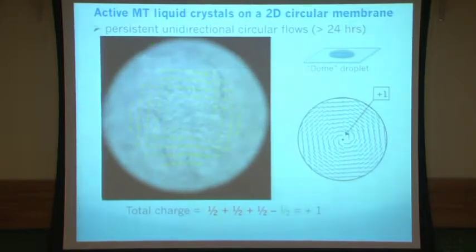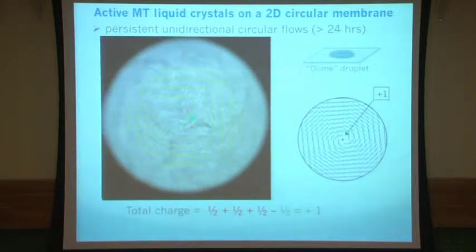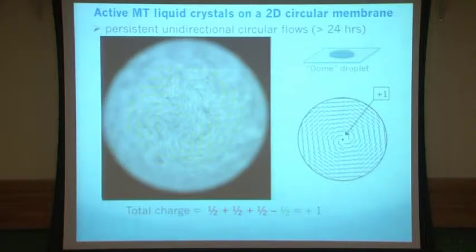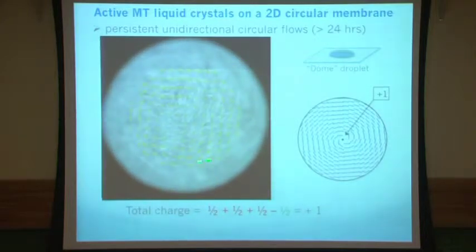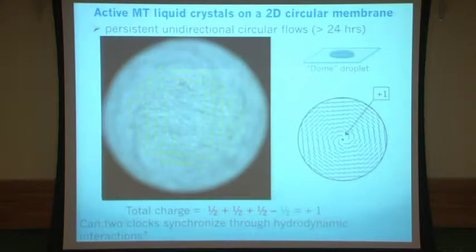There's a lot of energy here, and you just circulate around, and at some point you might have only 2 +1/2 defects, or you might generate an additional pair. That's something that we are trying to quantitatively understand, and I think you can change the ATP concentration and see how the emergence of this circular pattern evolves as a function of time.